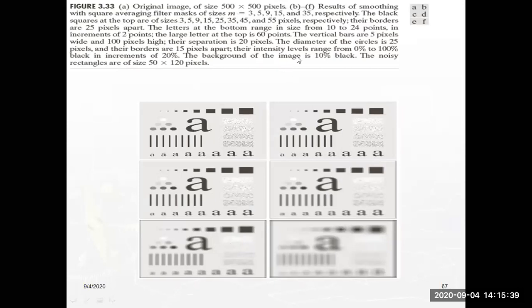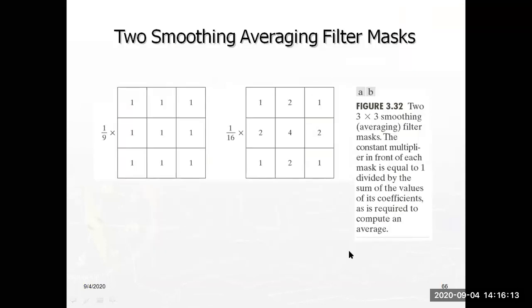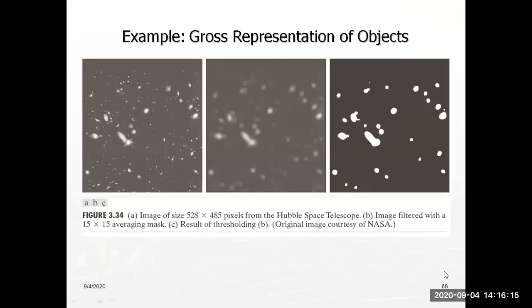You are changing your mask values, so how the image can be blurred or smoothed from one mask to another. B is somewhat blurred, C is further blurred, D is further blurred, and like this. The last one is very clear when compared with the first one: these images can be blurred or smoothed by using the previous masks.